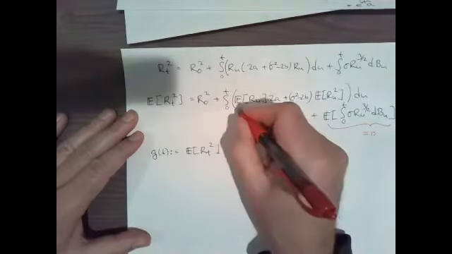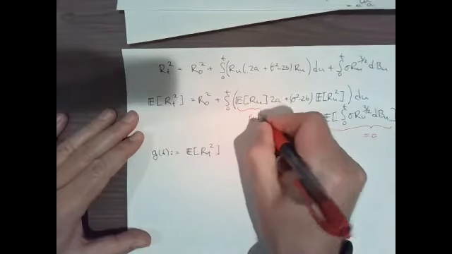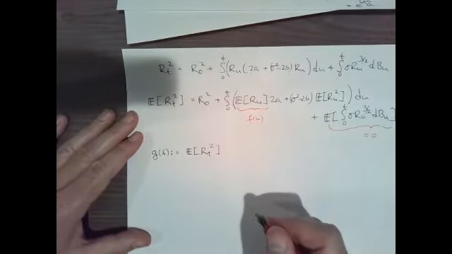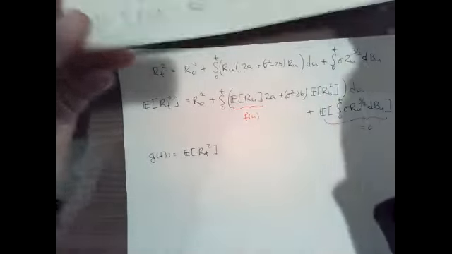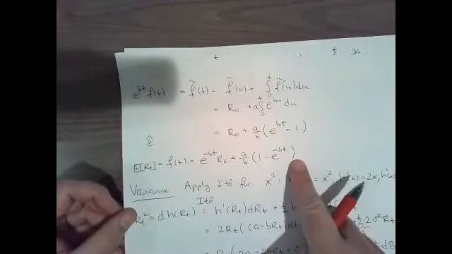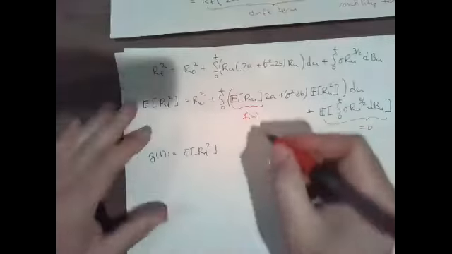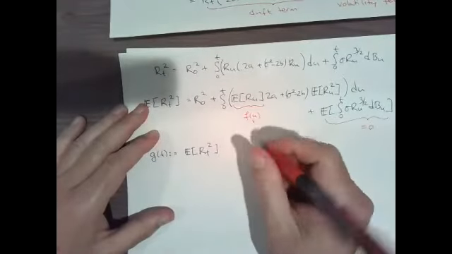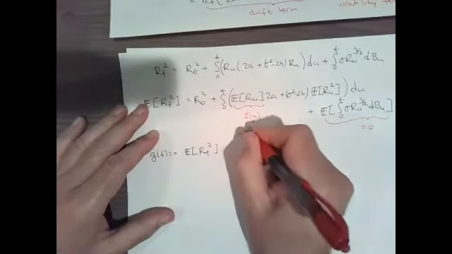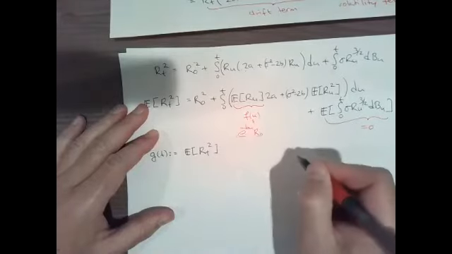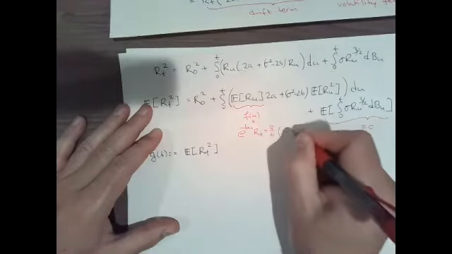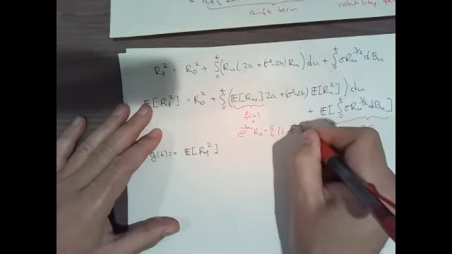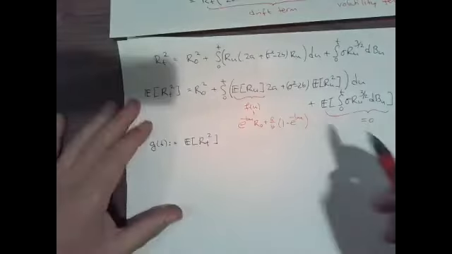This term here is what I called f of u from before. It was this one here. Right, now here, this was equal to e to the minus bu R_0 plus a over b times 1 minus e to the minus bu. That was what we did from before.